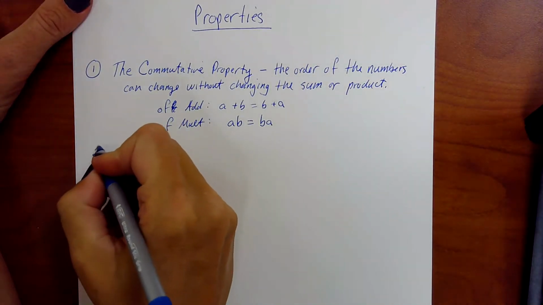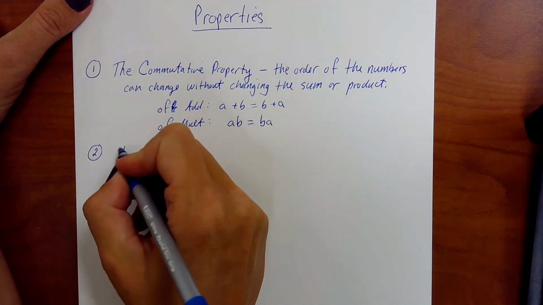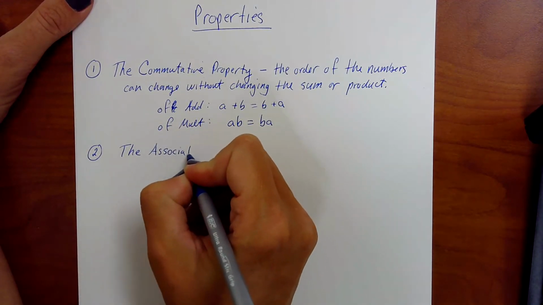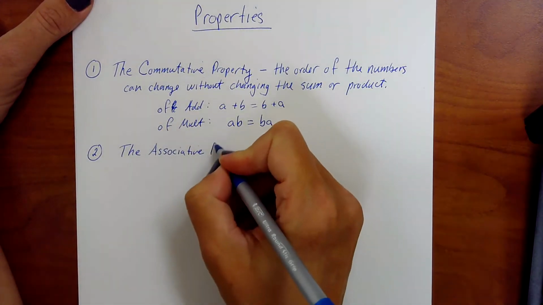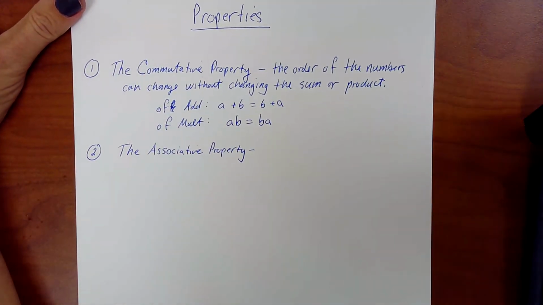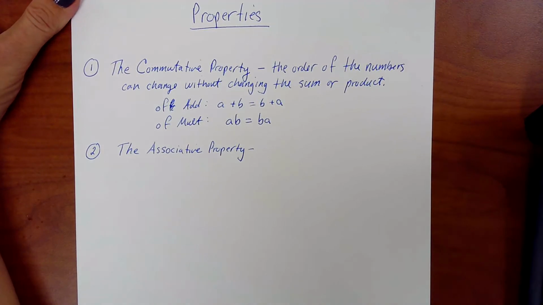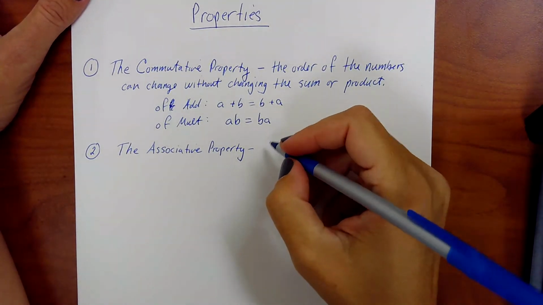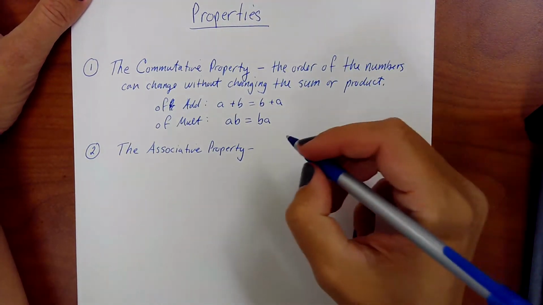All right. The next one is the associative property. And I remember this one as the associates of a law firm. The associates are a certain group. So the associative property talks about the grouping of numbers.